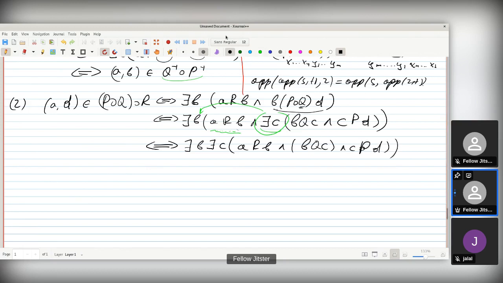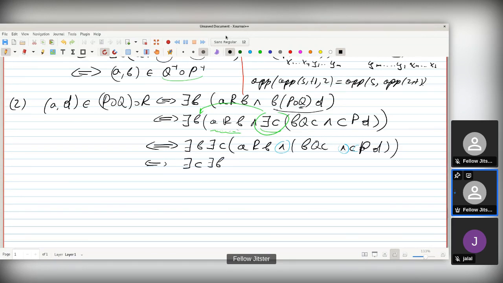Another logical operation. I know that in this conjunction I can freely regroup statements. I can reassociate this order. And moreover, I can change the order of these two quantifiers.